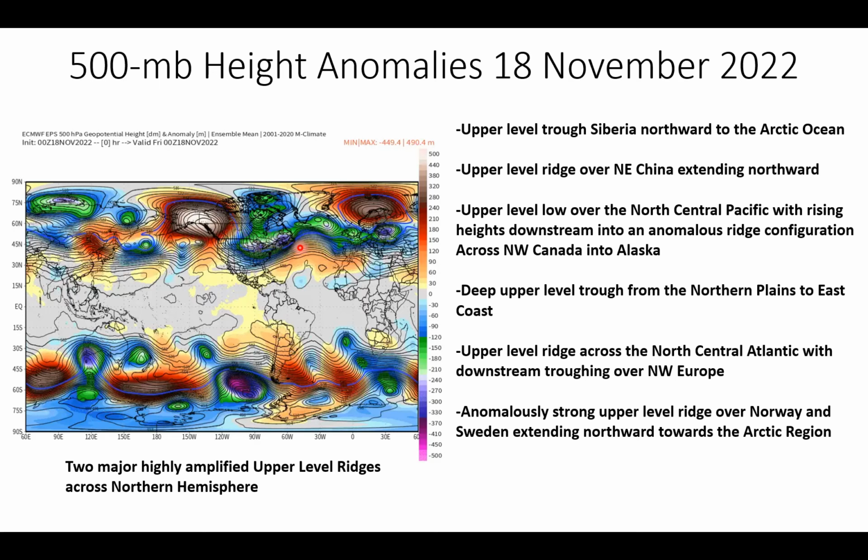As we continue east, we see an upper level ridge parked across the north central Atlantic, and then downstream troughing basically to the east of that into parts of northwestern Europe. And then finally we see another anomalously high height center. This one's generally located over Norway into Sweden, extending northwards towards the Arctic region. And so we have two major northern hemispheric upper level high situations or blocking situations at the present time tonight.